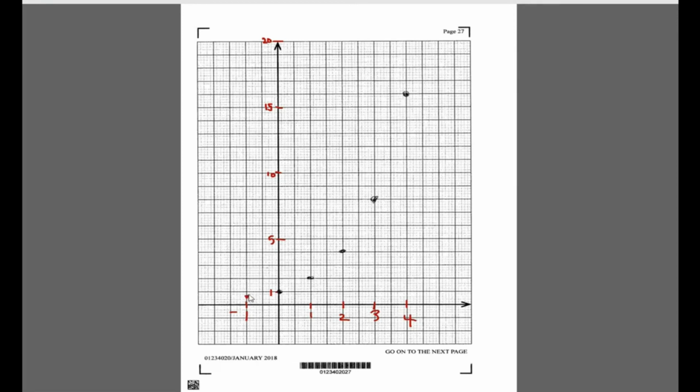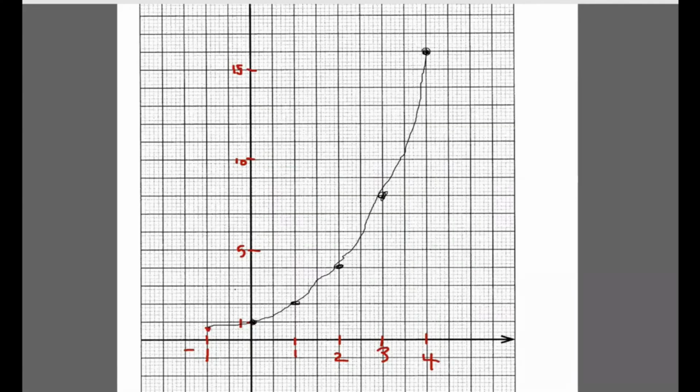So what we're getting is a smooth curve. My curve is not so smooth, it's a little bit tacky. That's the curve we have between negative 1 and 4. Make sure it passes through all the points. I didn't do that. Let me try to fix it.